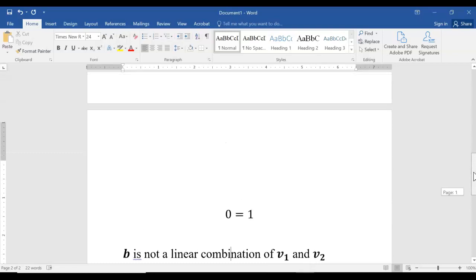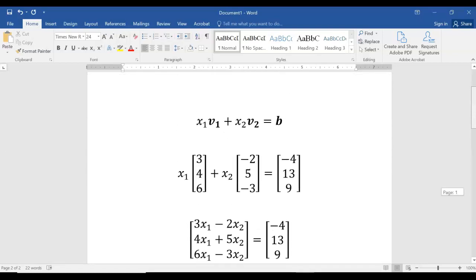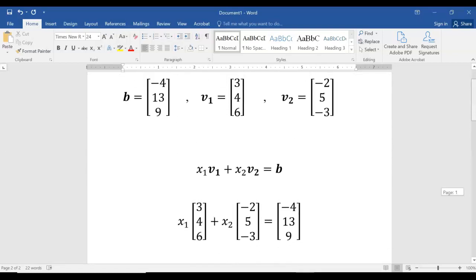One thing I want to mention here is that notice what we did when we wrote linear combinations. We wrote a linear equation where I had vectors in it.